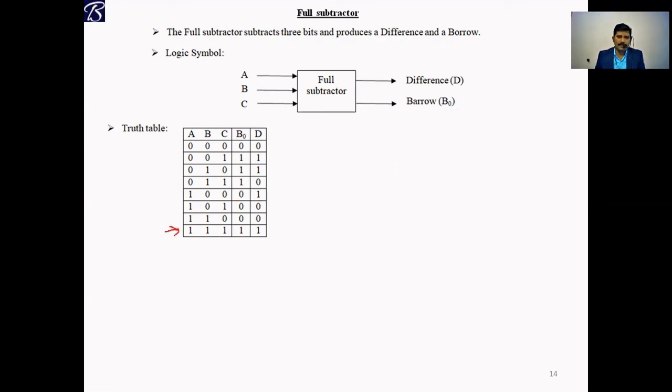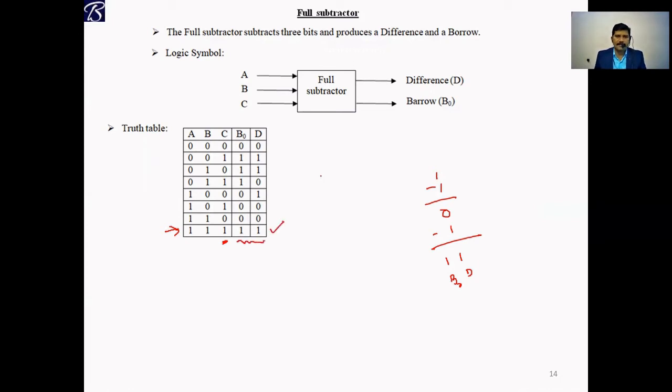Observe this case, 1 minus 1, it is 0, and definitely the borrow is also 0 here, right? Now again subtract 1. So 0 minus 1, what is this? This is 1, with a borrow. This is the difference, this is borrow. So 1, 1.